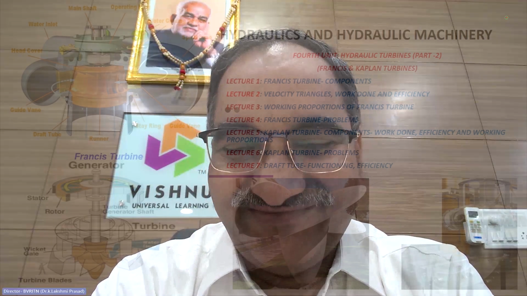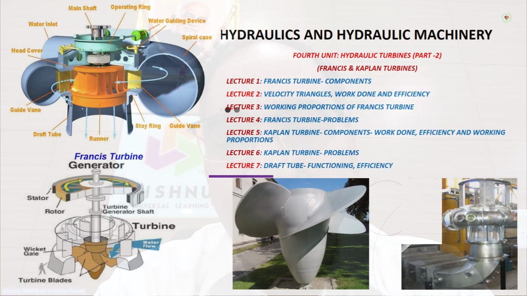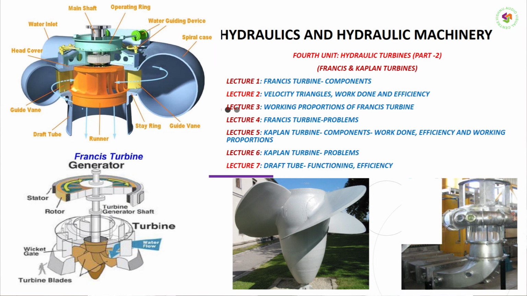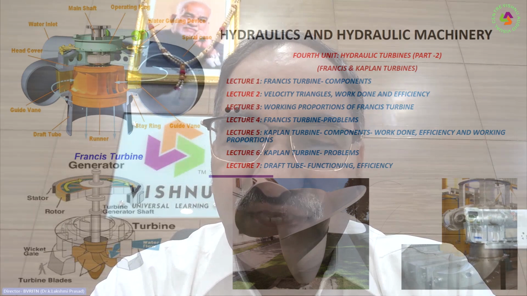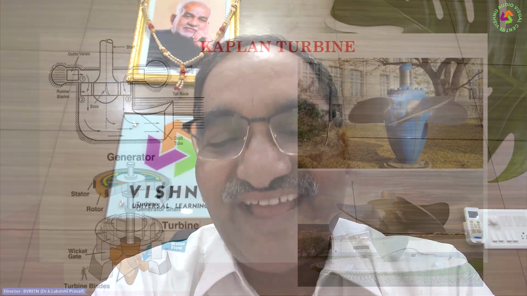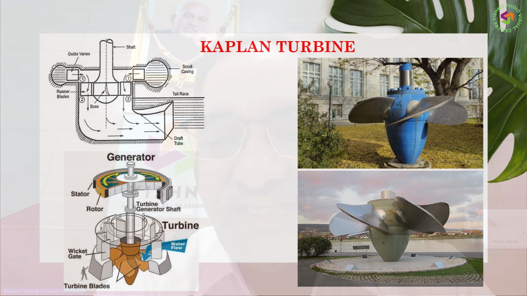So, in today's class, let us discuss Unit 4, that is Hydraulic Turbines, Part 2, that we will start. In this Part 2, we divided into 7 lectures, wherein the first lecture is on Francis turbine and its components, and the second lecture is the velocity triangles, work done and efficiency.